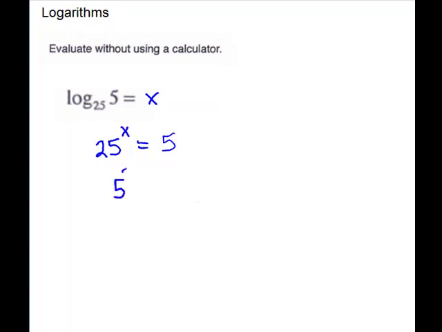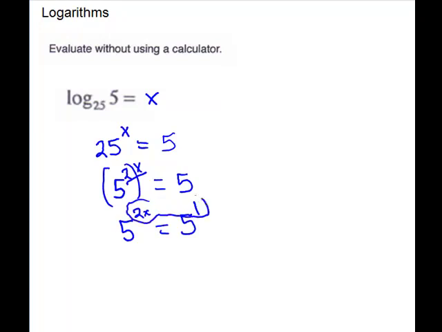So 5 squared to the x is equal to 5. And this is 5 to the 2x. And this will be 5 to the 1st on the right. Now the bases are the same, so you can set the exponents equal. 2x equals 1, and so divide by 2, and x equals 1/2.